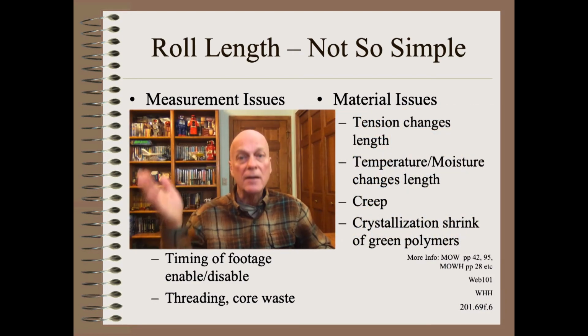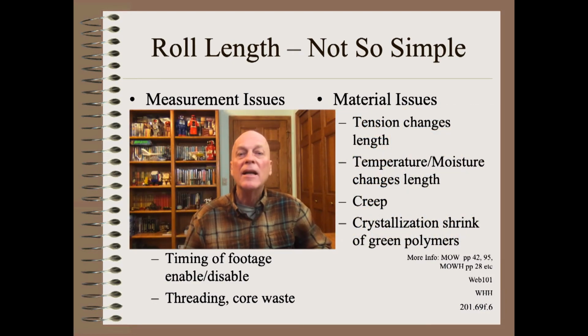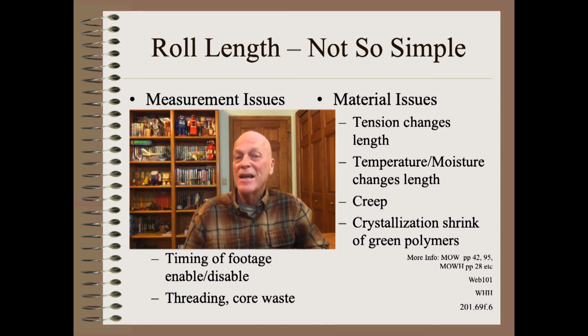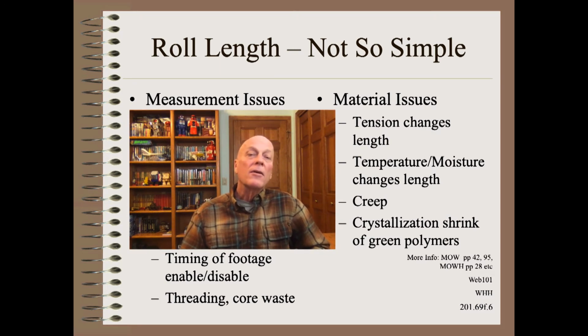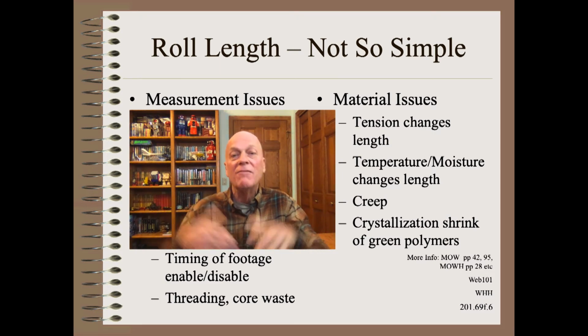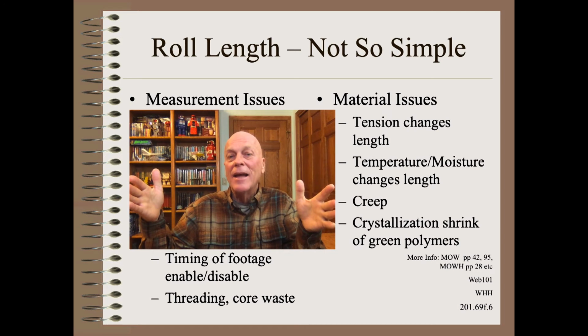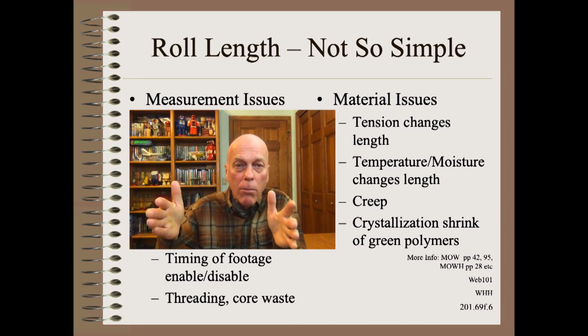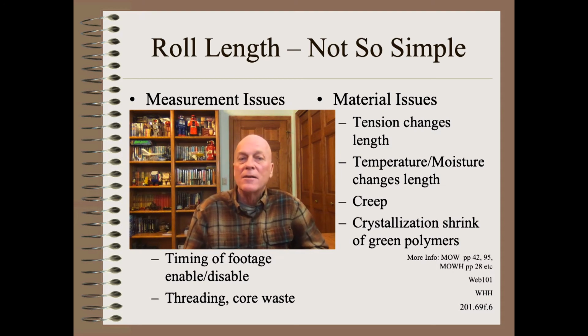Then there are material mechanics behaviors that mean that length will be different even when measured on the same roll with the same sensor. For example, if the web is stretchy and one person measures the length at a tension of 10 and the lab rolls it out under a tension of 0, both will get different answers.